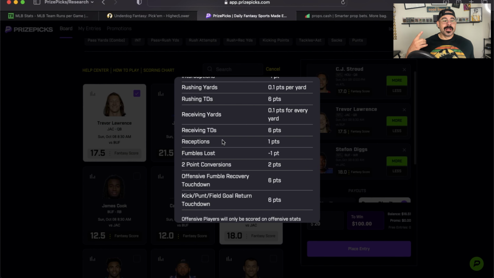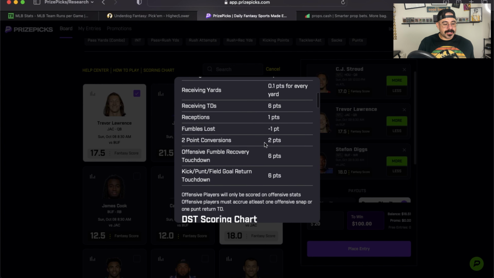Those 1 point per reception type of guys, man, they can really crush their fantasy scores. And quite the opposite for players who aren't high target guys, they are going to have to rely more on the receiving yards and touchdowns to hit the over on their fantasy score. So just keep that in mind.